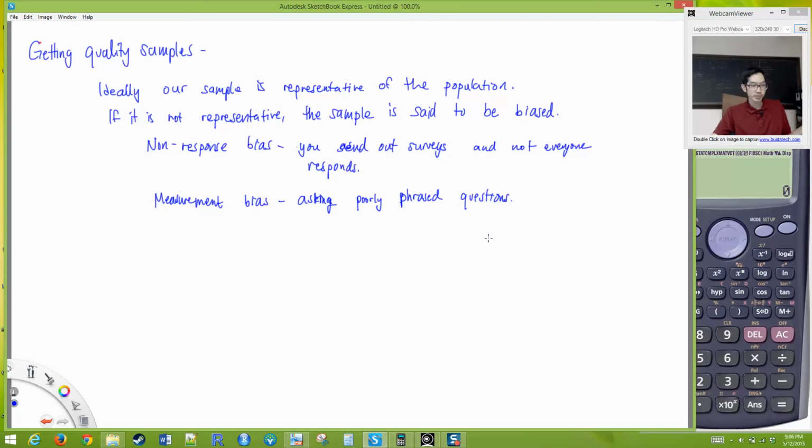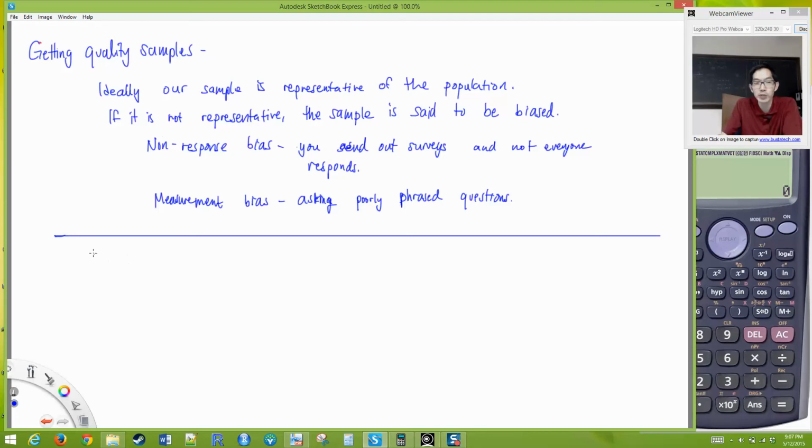You can also end up with problems in the way you select people. Okay, so to select a sample that's representative, one method that should give representative samples is simple random sampling.